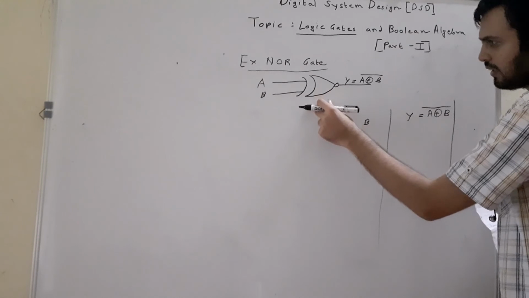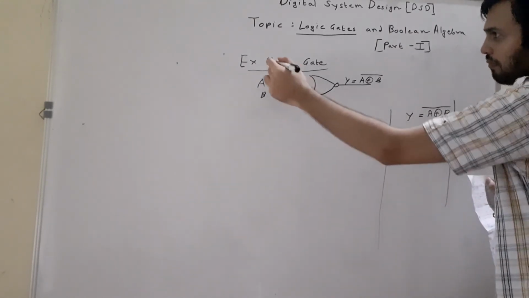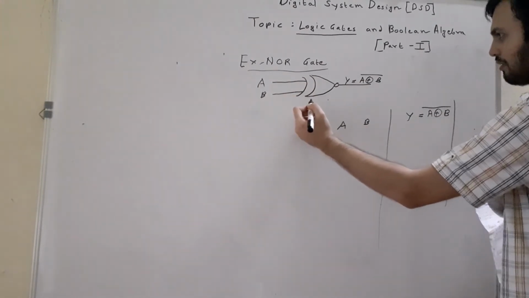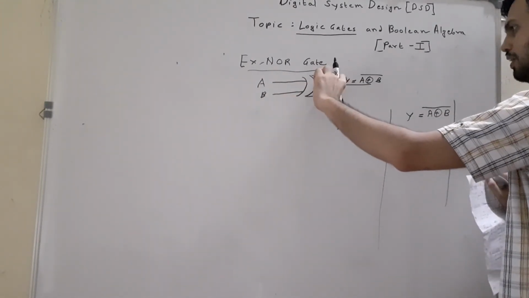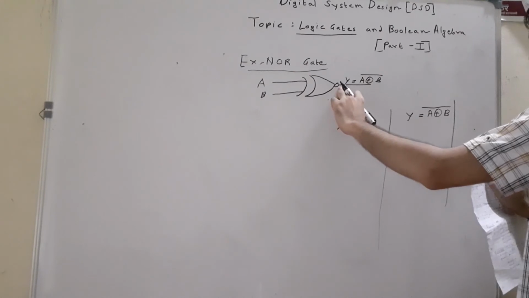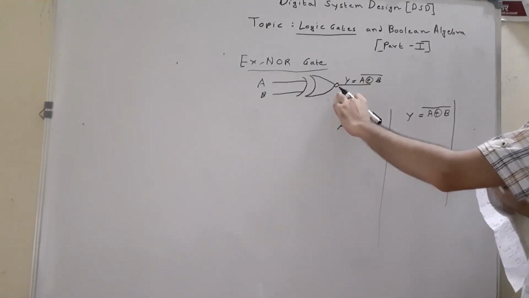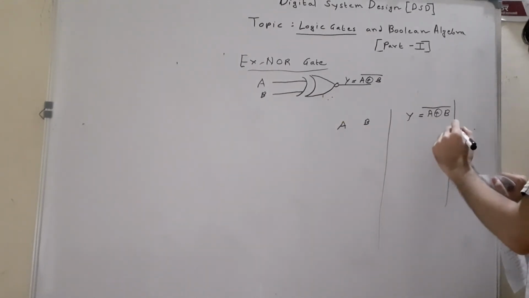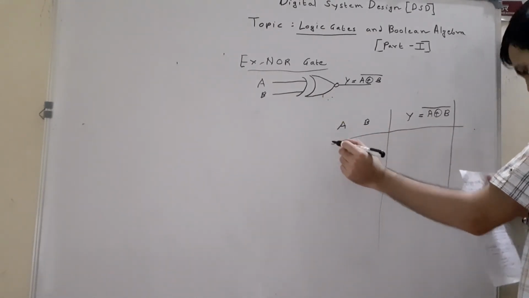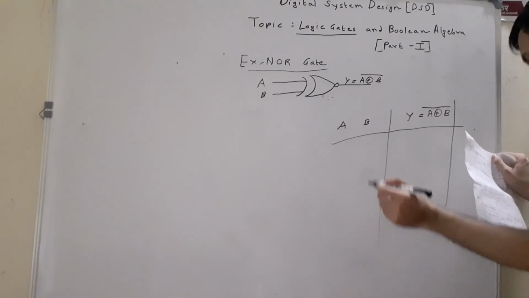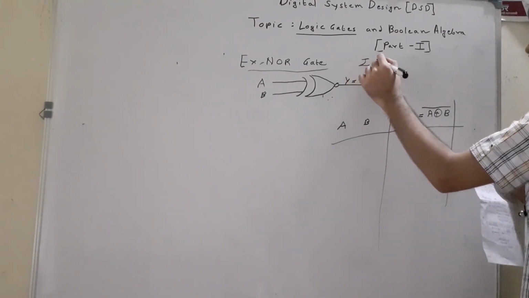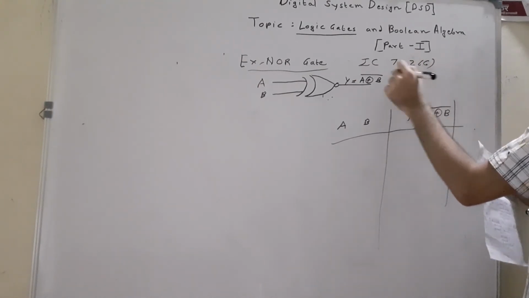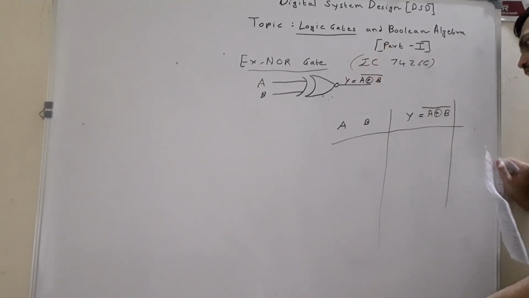Now see, as we are performing an exclusive operation over here, that's the reason this curvature part is also present. This triangle is similar to your OR gate, but we are using complement also. That's why bubble is present over here. So this is the symbol of 2 input XNOR gate. So the IC number is 74266. This is the IC number for XNOR gate.